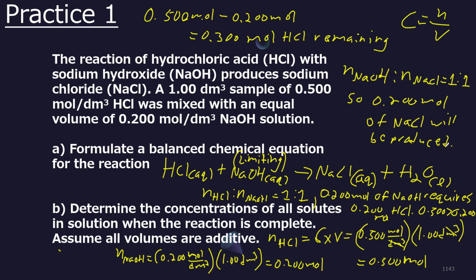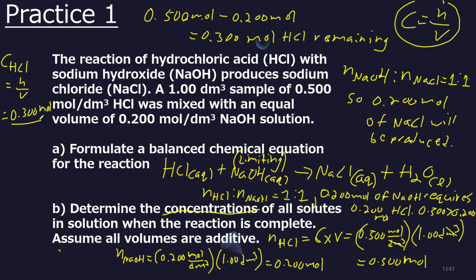Okay, but the question does say determine the concentrations. So we can't just state the moles of HCl and NaCl. We instead need the concentrations. So again, use our key equation in the top right here, C equals N over V. So for final answers, C of HCl equals N over V equals 0.3 at the top there, mole per. Now what's the volume?